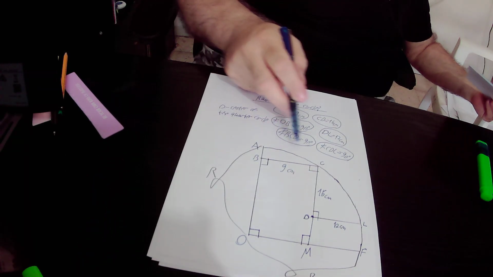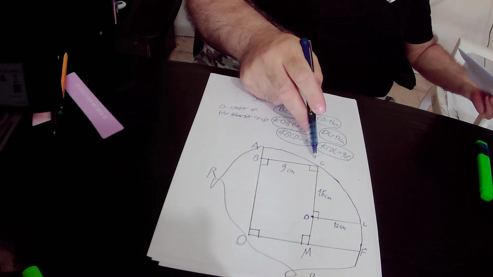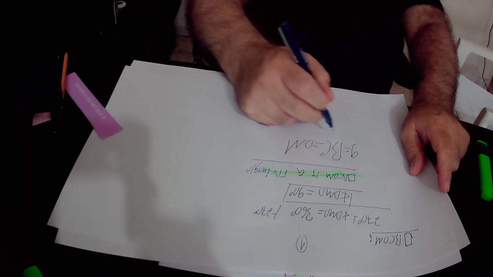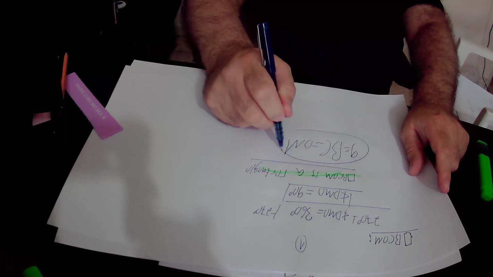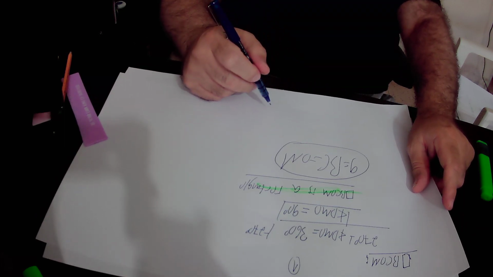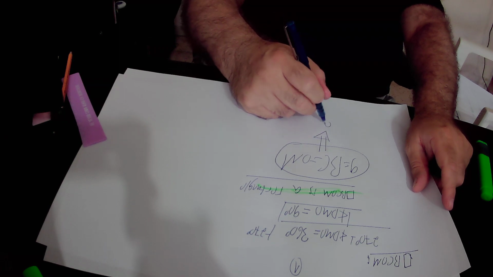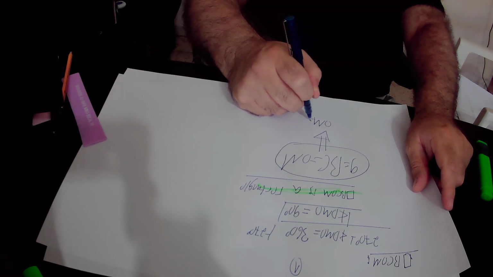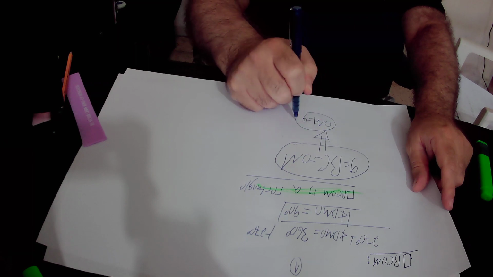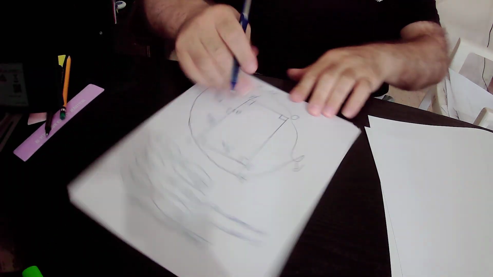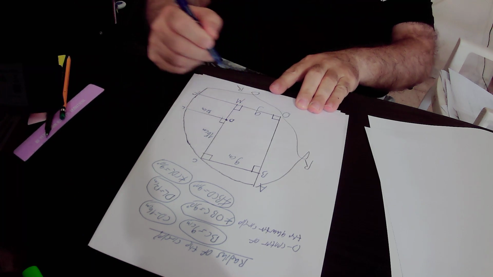Here it is given that side BC equals 9 units. And from the equation 9 equals BC equals OM, we derive that side OM is also equal to 9 units. So we can write here that OM equals 9 units.